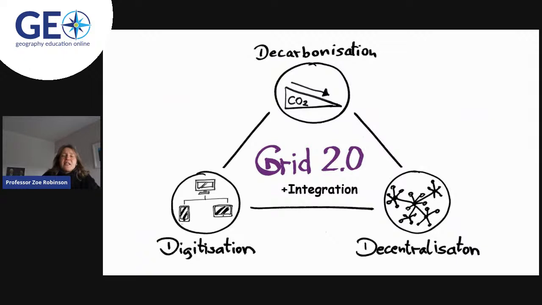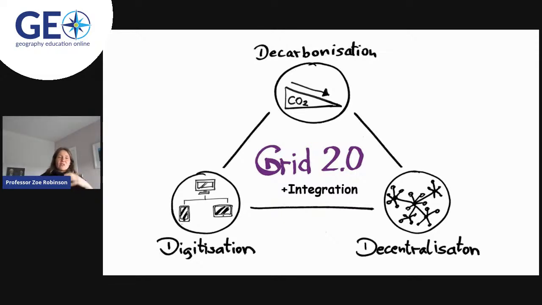But we also see changes within our electricity network as we increase the amount of renewable energy, which occurs at different times in different places and is less predictable. We need to develop our energy systems in different ways.